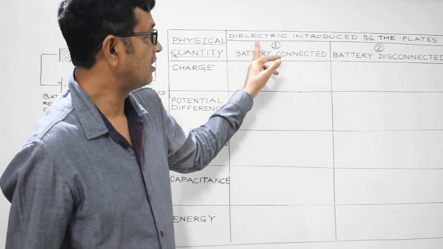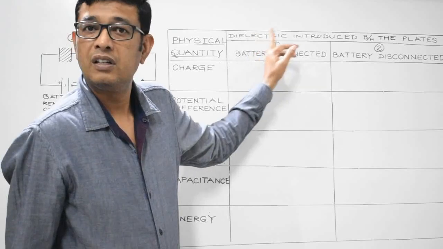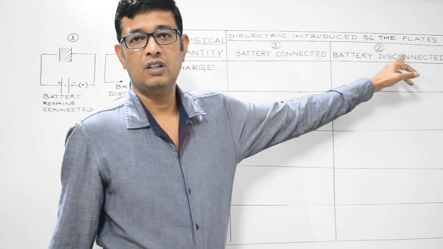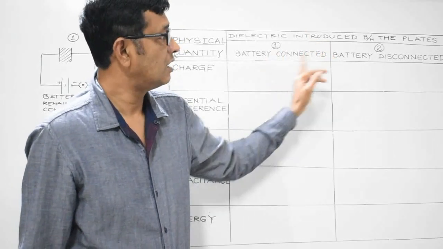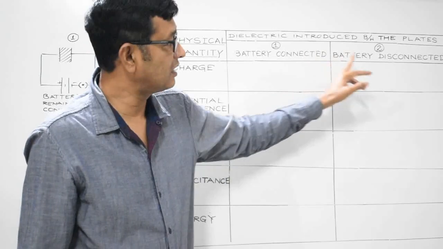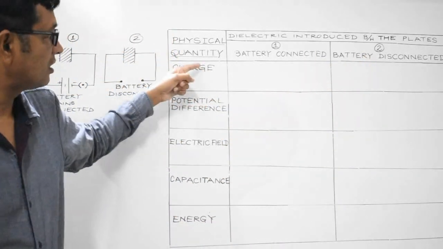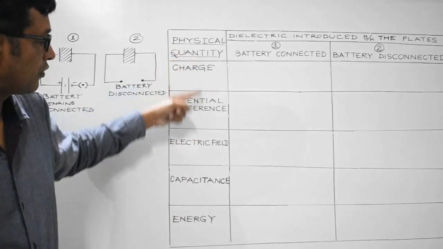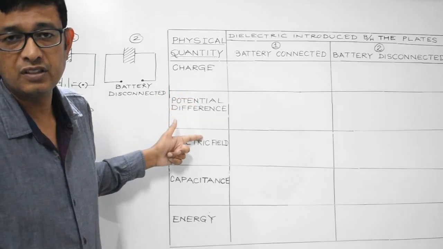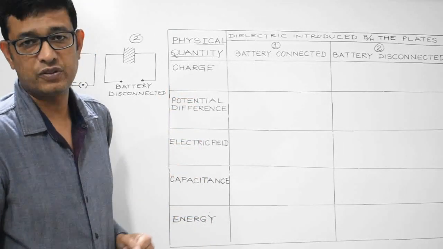Basically, we will discuss the case where the dielectric slab entirely fills the space between the plates of the capacitor. We will discuss this under two categories: when the battery remains connected, and in the second scenario, when the battery is disconnected. We will discuss the changes we will notice in these physical quantities: charge, potential difference, electric field, then capacitance, and then energy of the capacitor.